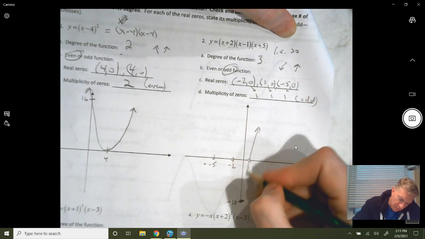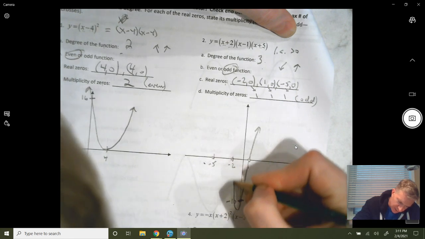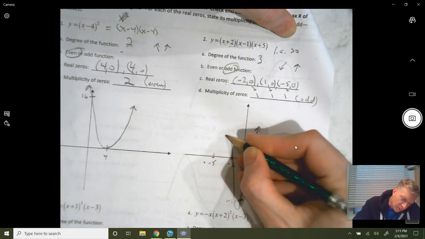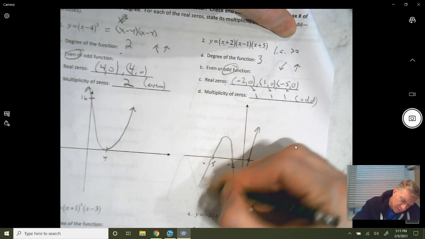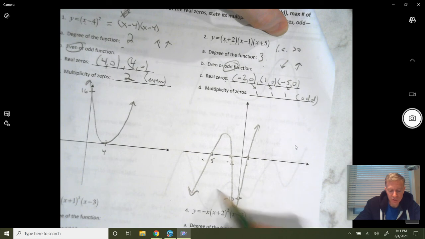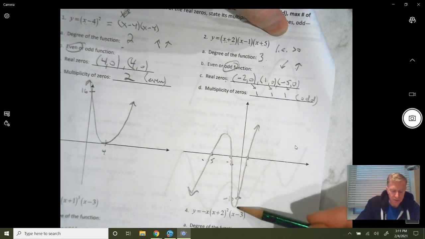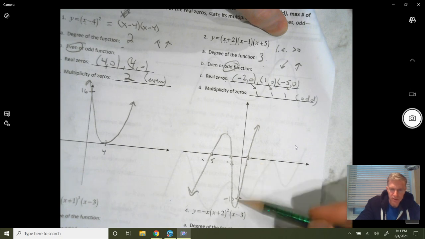I'm going to go down, pass through here. I don't know how high up I go there, so I'm going to guess. You can't get a perfect graph, but you at least know a lot about the end behavior. You know how many turning points are possible. You know the intercepts.